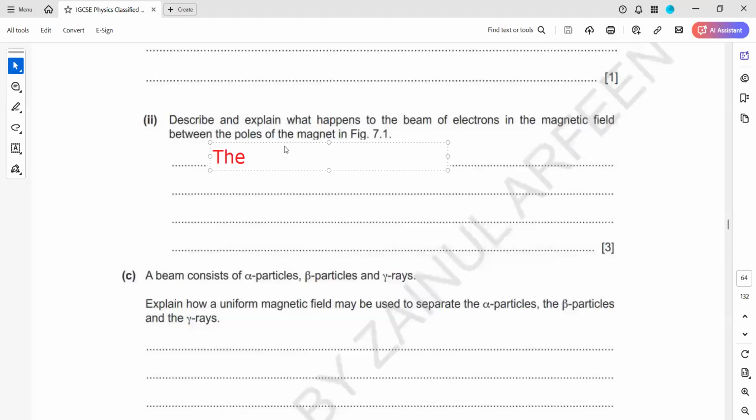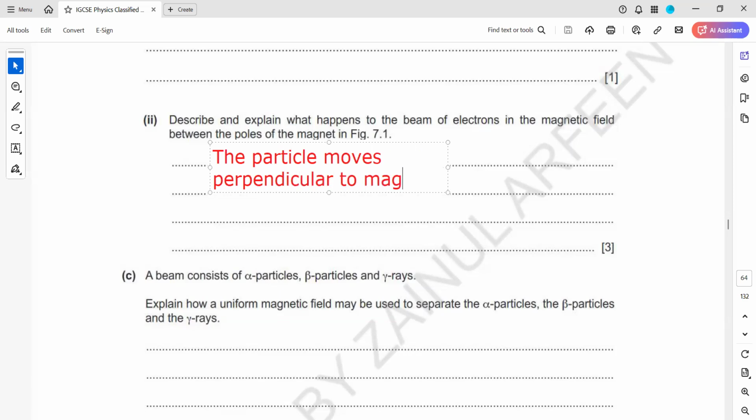The motion, force, and direction of the magnetic field. The particle moves perpendicular, or 90 degrees, to the magnetic field. So the particle is moving 90 degrees or perpendicular to the direction of a magnetic field.